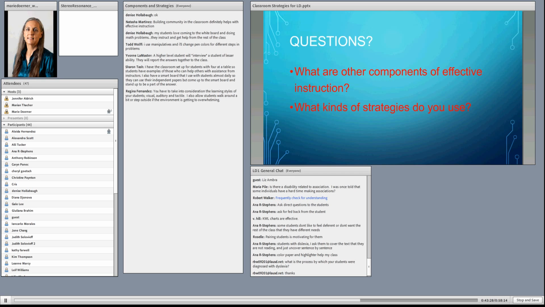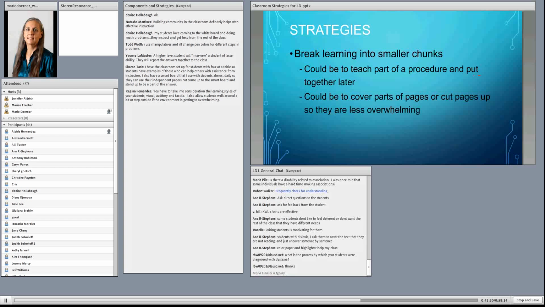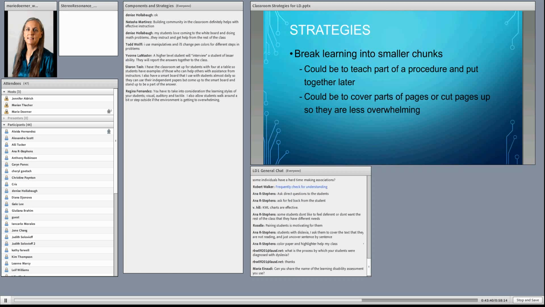So I'm going to go to the next slide. And some of these you've already covered. One of the things is to break learning into smaller chunks. You could teach part of a procedure and teach all the different parts of the procedure and then put it together later. You could also cover up parts of the pages.